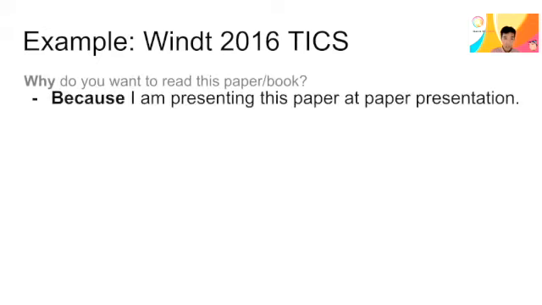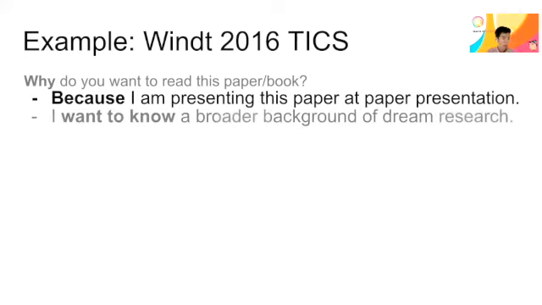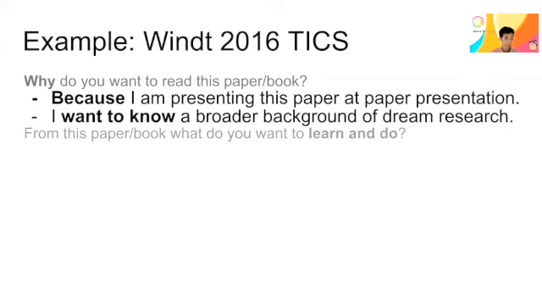For example, this is a particular paper that I wanted to read, by Jennifer Windt, my colleague, who is a philosopher studying dreams, in Trends in Cognitive Sciences. I listed why I wanted to read it, because I want to present this paper at a journal club, and also I wanted to know a broader background on dream research.